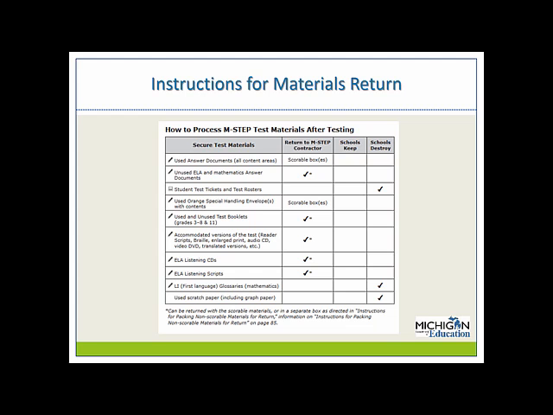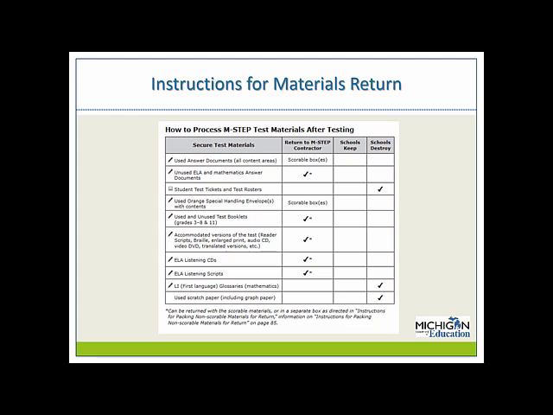This table is on page 81 and is continued on page 82 of the M-STEP Test Administration Manual. It lists which materials should be returned to the M-STEP contractor, what schools should keep, and what schools must destroy. Page 81 describes how to process secure test materials, and page 82 describes how to process non-secure materials.